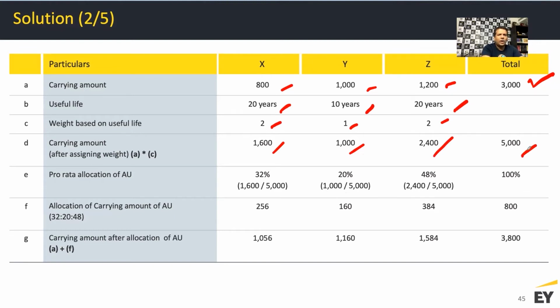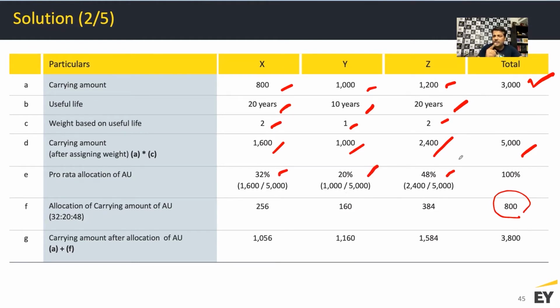And now you know the carrying value of AU. Carrying value of AU was how much? Carrying value of AU is 800, right? That information is also given. Now this 800 gets allocated in 32%, 20% and 48%.